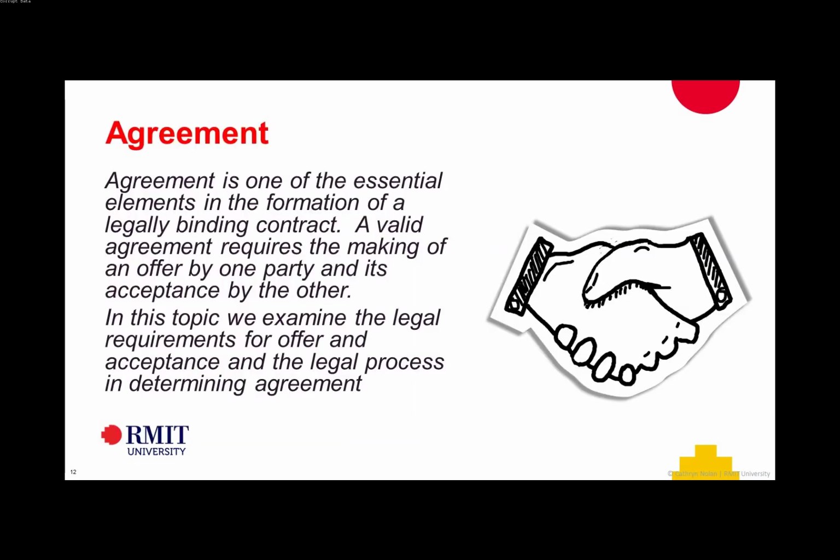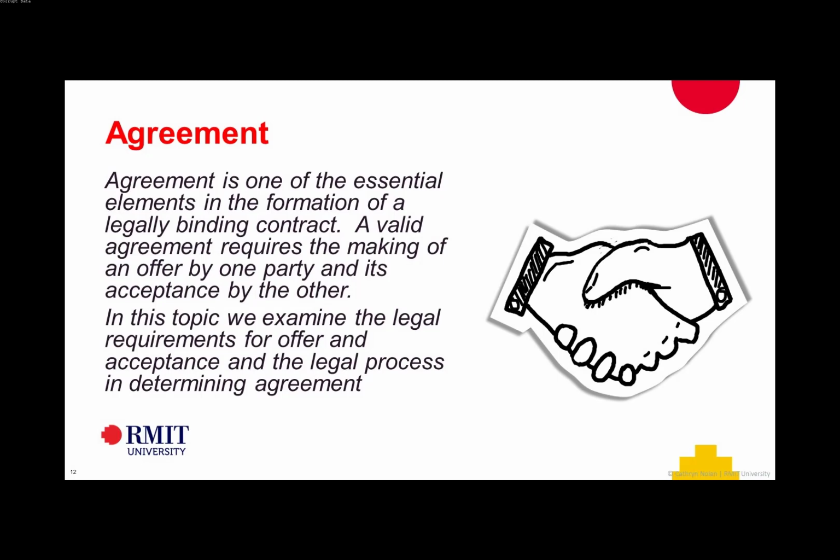Agreement. One of the essential elements in the formation of a contract. In fact, agreement and contract are synonyms. An enforceable agreement is exactly the same as an enforceable contract. I guess the way to think about it is contract implies enforceability with it.